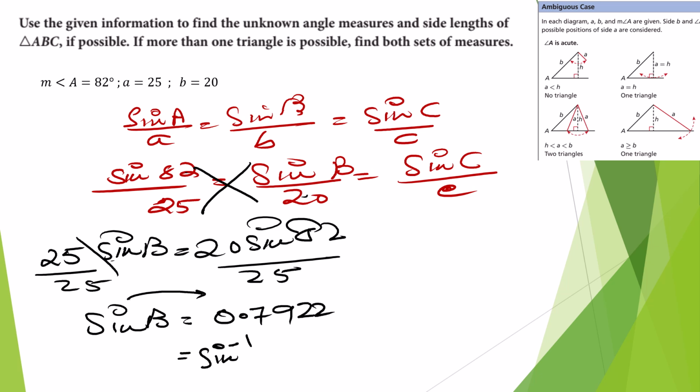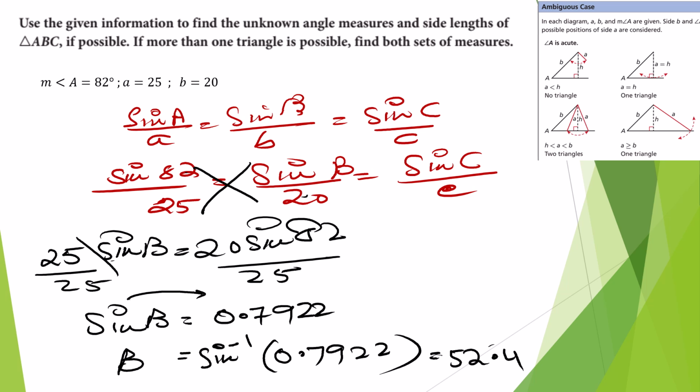Better to take 4 digits after the decimal. Sine inverse 0.7922. Write in the calculator, shift sine 0.7922. So it will give us 52.39. So I am just writing 52.4.